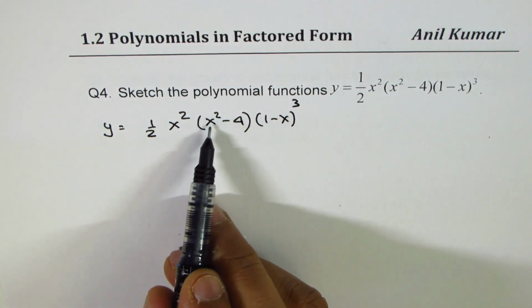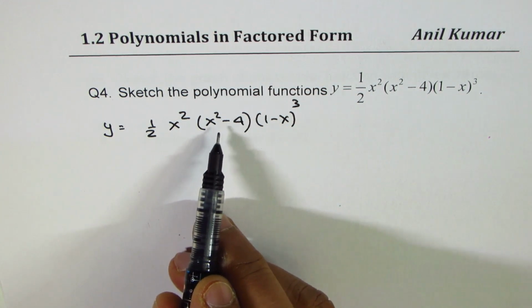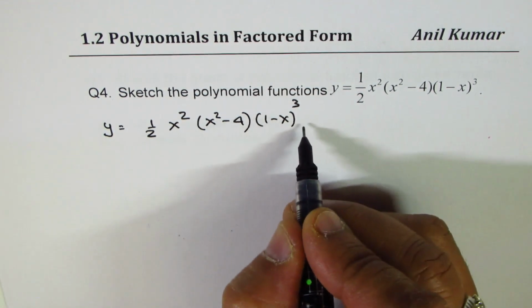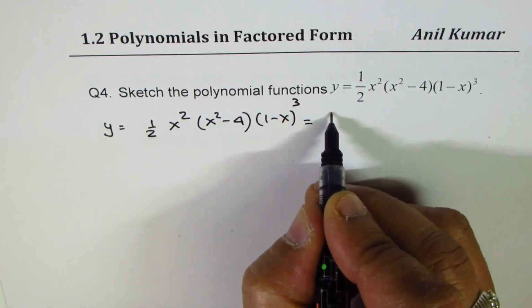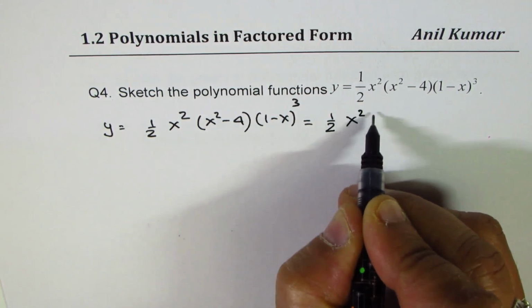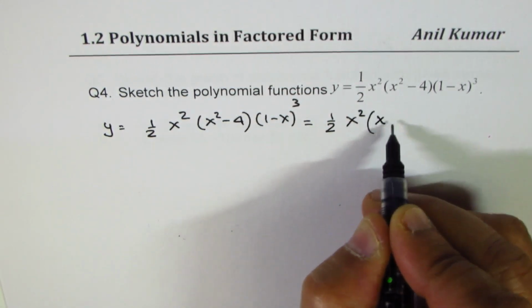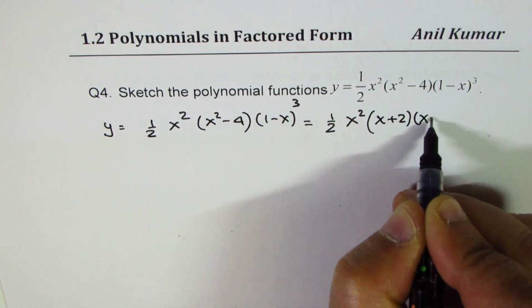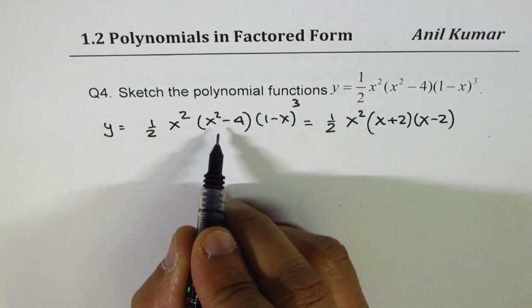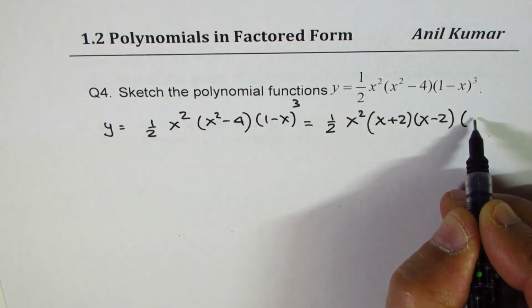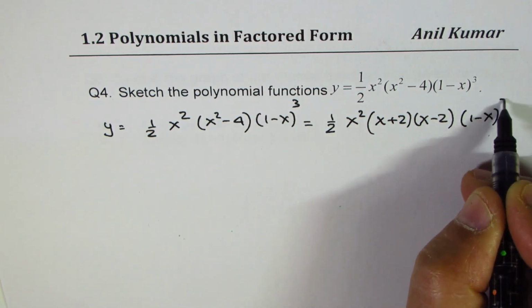Now x squared minus 4 could be further factored. Now this is very critical. So let's factor this. So we get half x squared, and you could write this as (x plus 2) times (x minus 2). So we get two linear zeros here times (1 minus x) whole cube.